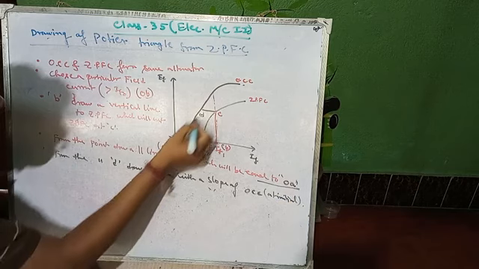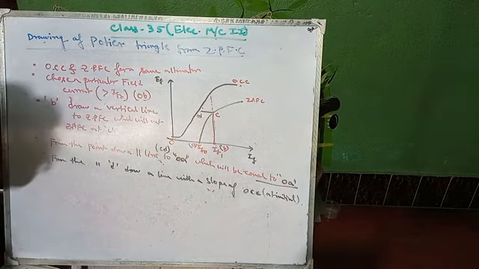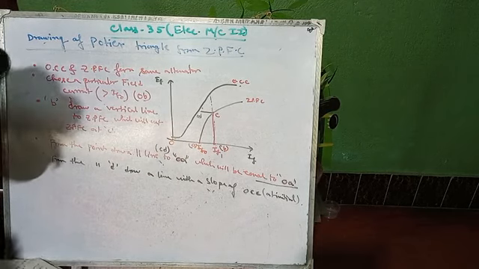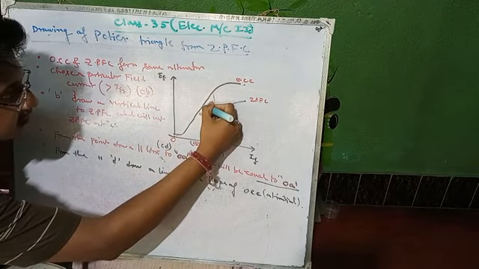That is, whatever the initial slope, you have to make a straight line from the point D. Okay, from the point D you have to make a straight line.